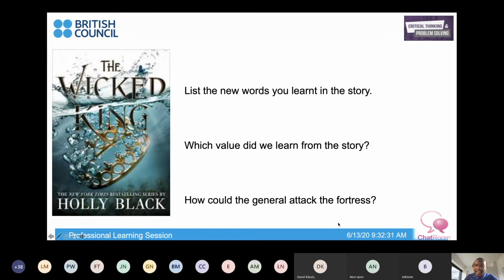How could the general attack the fortress? Can you help the general to attack the fortress? Let's help the general to attack the fortress.